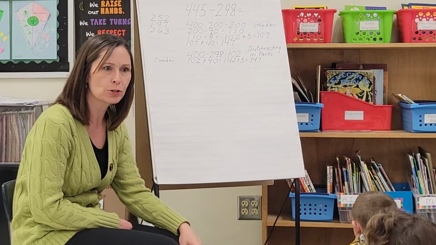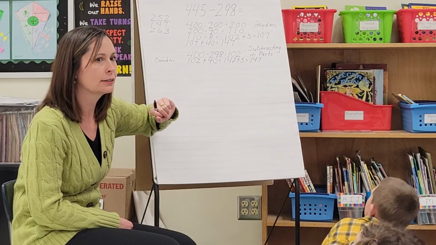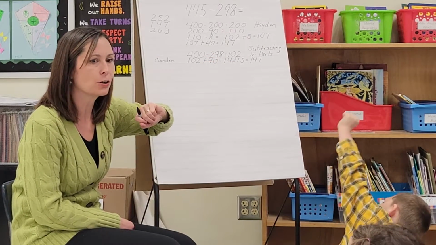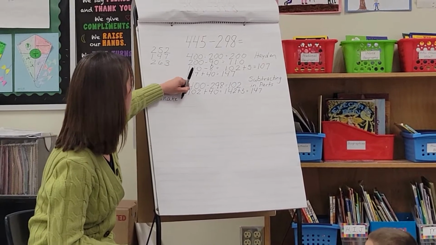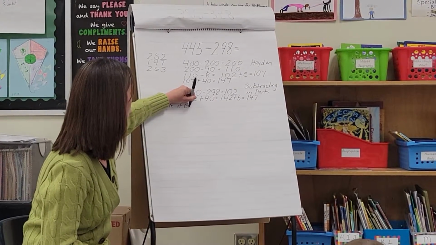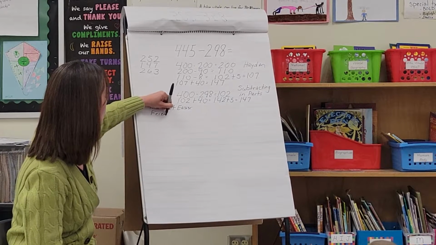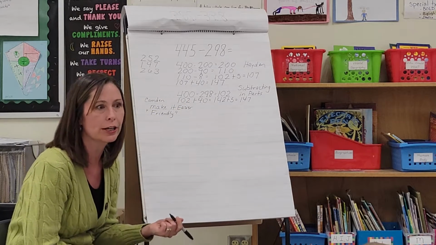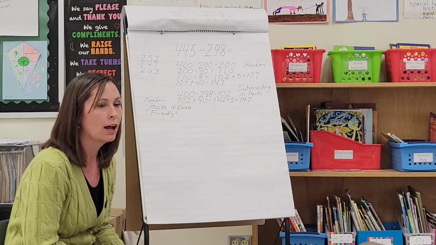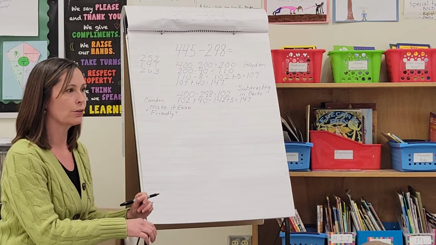Do you guys remember what that strategy is called when you take a number and you make it easier? Friendly number? Yeah, like a friendly number. That's exactly the word I was looking for. Make it easier or make it friendlier, right? Where it's easier to work with. And when you have a number that's so close to 300, it's easy to think about it that way.